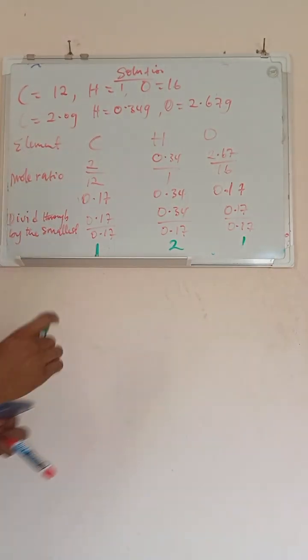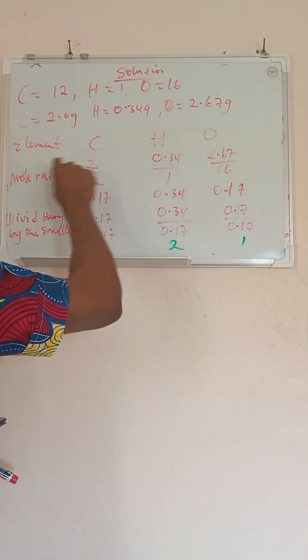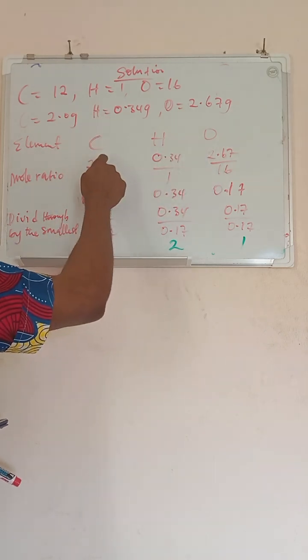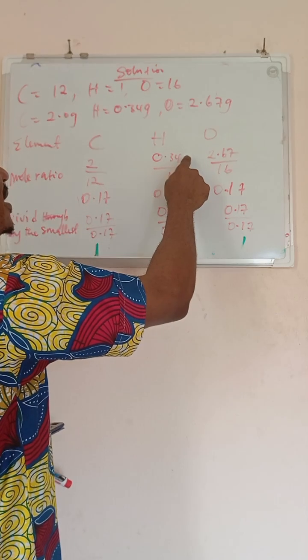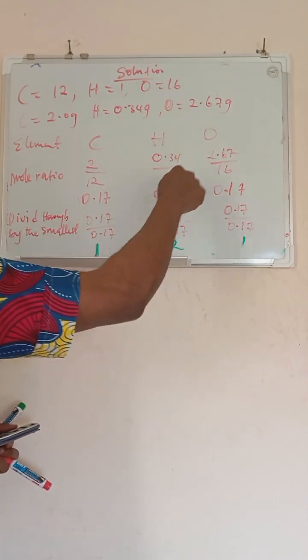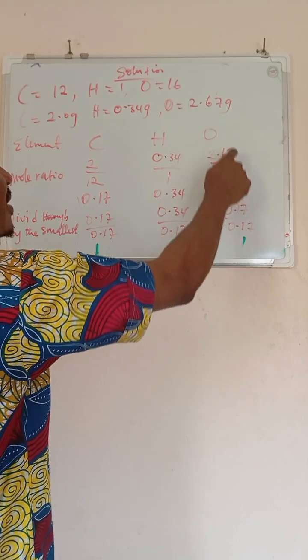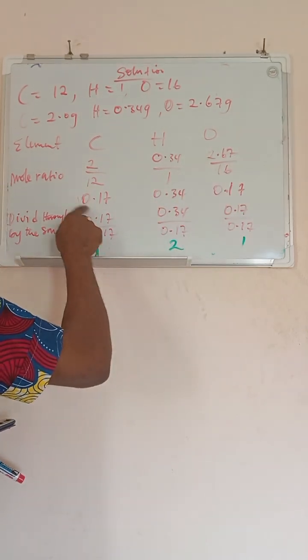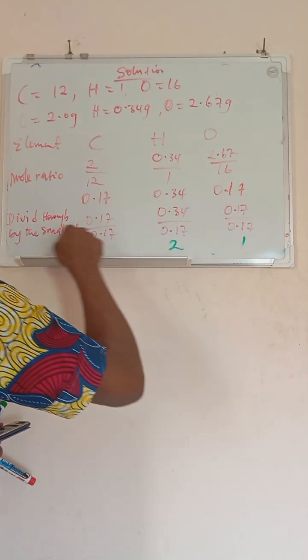So what am I trying to say? The first thing you do, you write the elements. Then here is mole ratio, which is the percentage mass over the relative atomic mass. The percentage mass that yielded in that analysis is divided by the relative atomic mass. Once you have divided, you look for the lowest value and divide through.